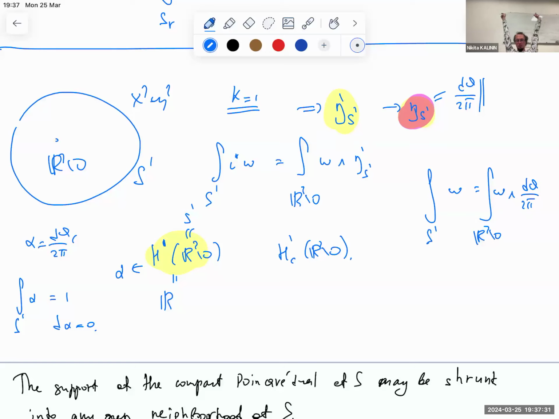For example, if we take as omega just some form, something like dr. Right, so if you take here as omega dr, then on the right the integral is definitely not 0 because we integrate dr wedge d theta.